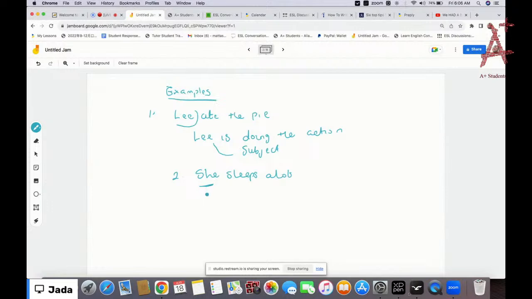She is doing the action, whoever the she is. She is the subject. That's all about the subject, and all you need to know for identifying the subject.